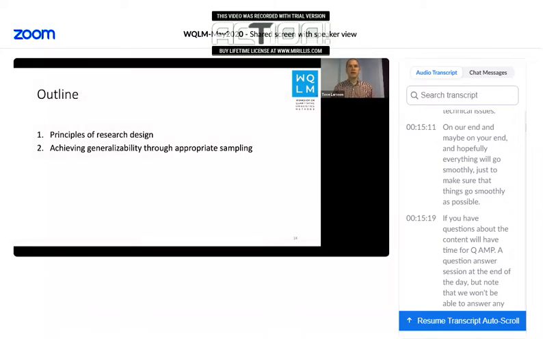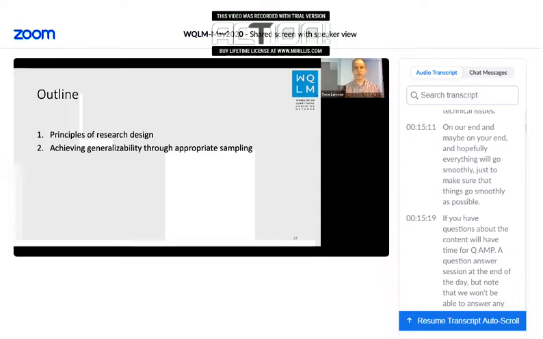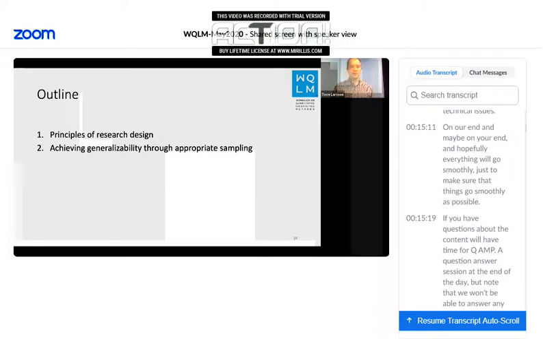How do we take data from a sample and try to extrapolate, generalize to, and learn about the population that we actually care about.